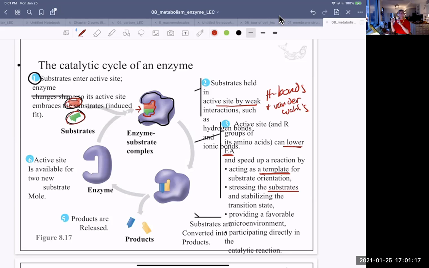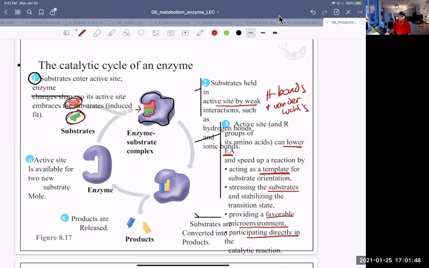It stresses it, so it's more likely to break. It provides a favorable microenvironment. So it may be that the active site itself has some polarity about it, for example. Sometimes it participates directly in the reaction.